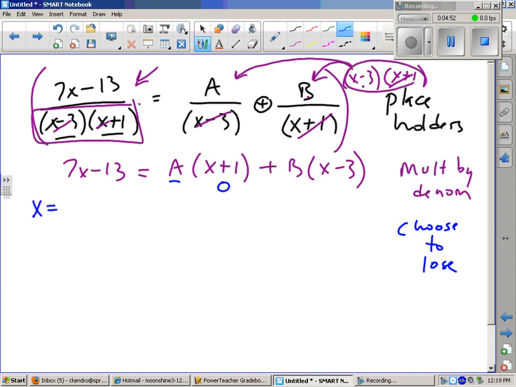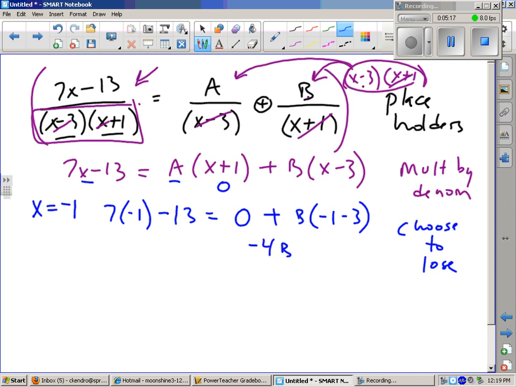So I'm going to choose x to be -1 in order to lose the A variable and solve for B. So put a -1 in wherever you see x. So 7 times -1, and then minus 13. And I have 0 plus B times -1 minus 3. So over here I get -4B equals -7 minus 13, which is -20. So B equals 5.